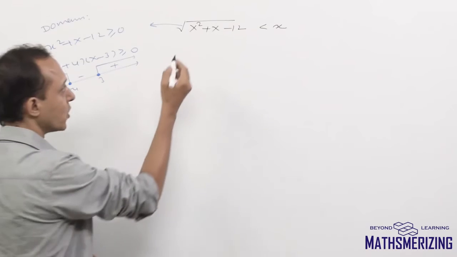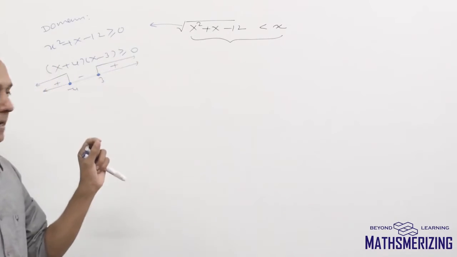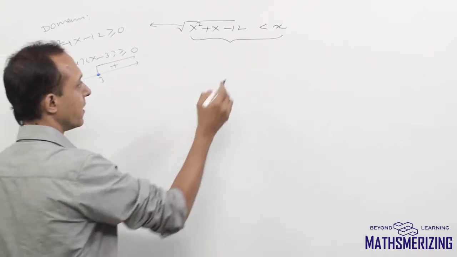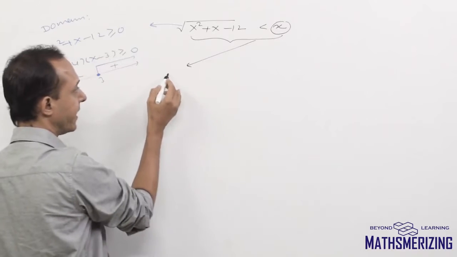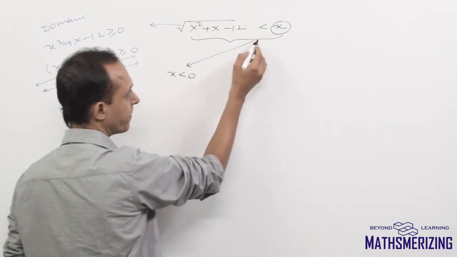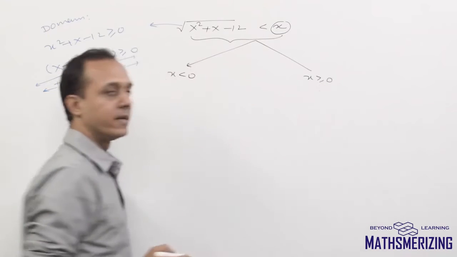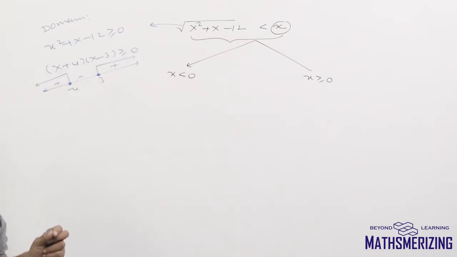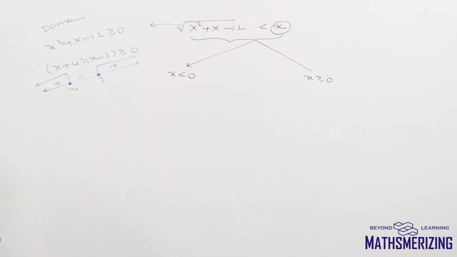Now we'll come to solving this inequality. In order to solve it, I have to take two separate cases. Case 1, when the right hand side x is less than 0, and case 2, when the right hand side is greater than or equal to 0.